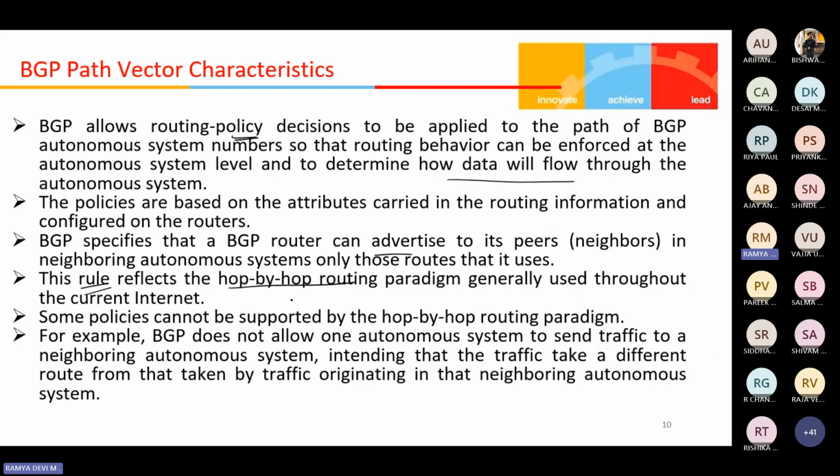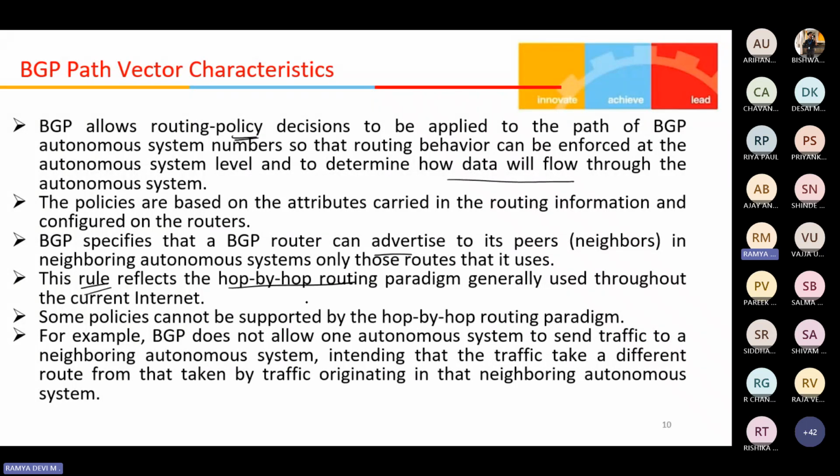So some routing goals cannot be achieved because each autonomous system only controls its own segment. One autonomous system cannot tell the neighbors to send this traffic through a different route than you normally use for your own traffic. I cannot instruct it.